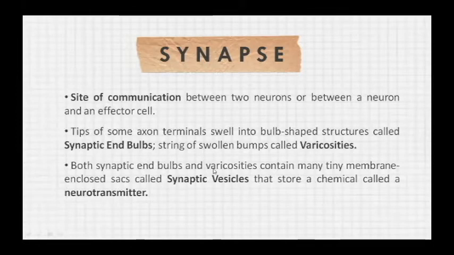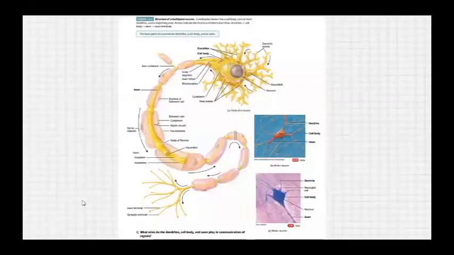called neurotransmitter. Going back to this picture, if you see the end part of the axon, you will also see branches similar to the dendrites. However, these branches are called the axon terminals. And at the end, you will see a circular part, something swollen or bulb-shaped, which is called the synaptic end bulb.